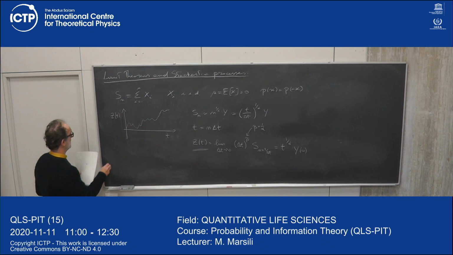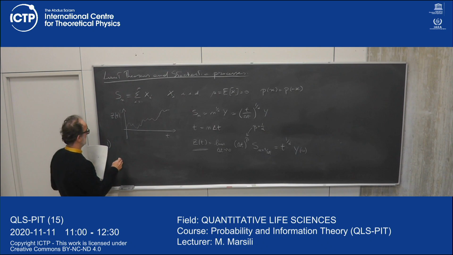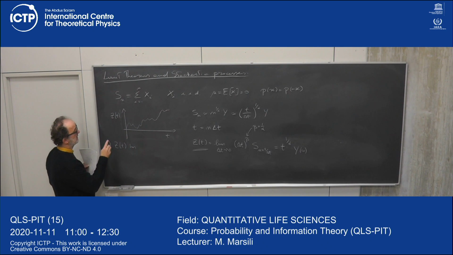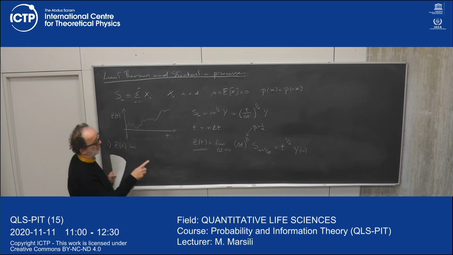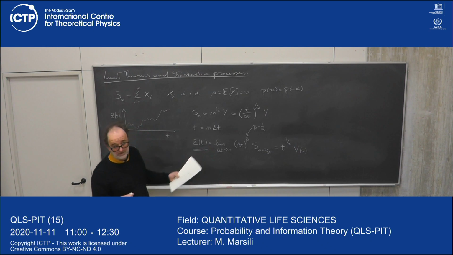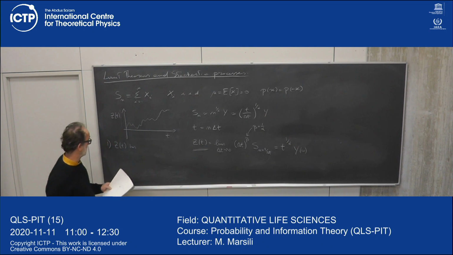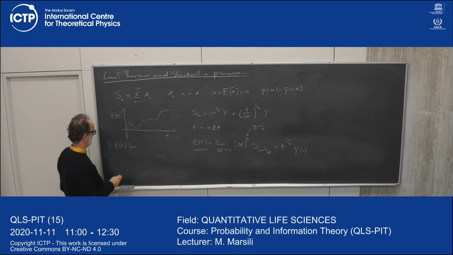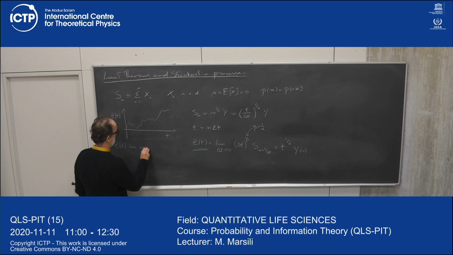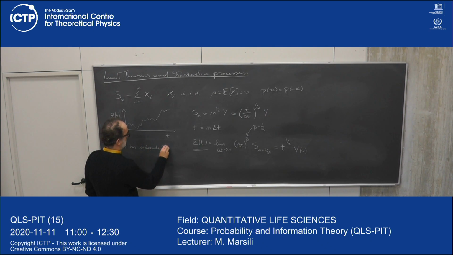So the first property is that z of t, which of course is a random function, so it is a function of t and of omega, of the realization of this sum, has independent increments.